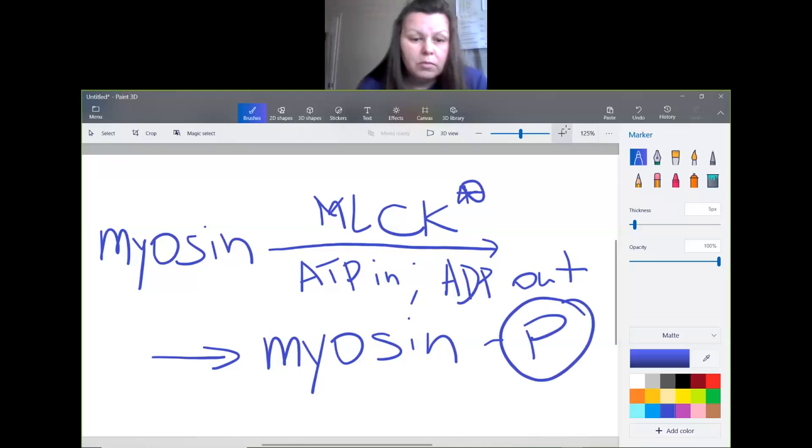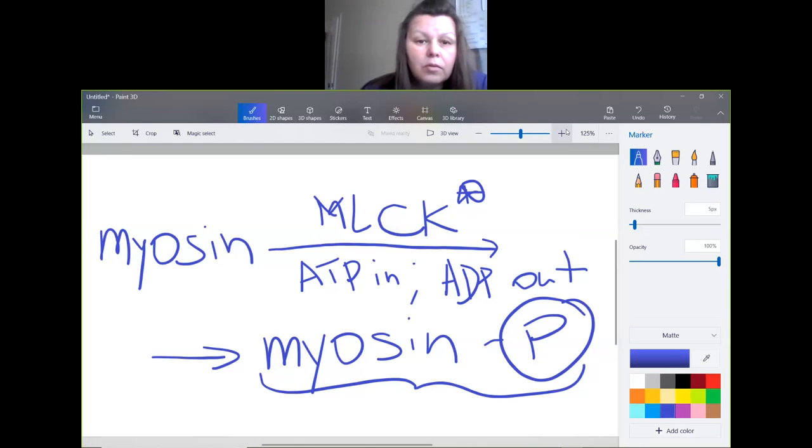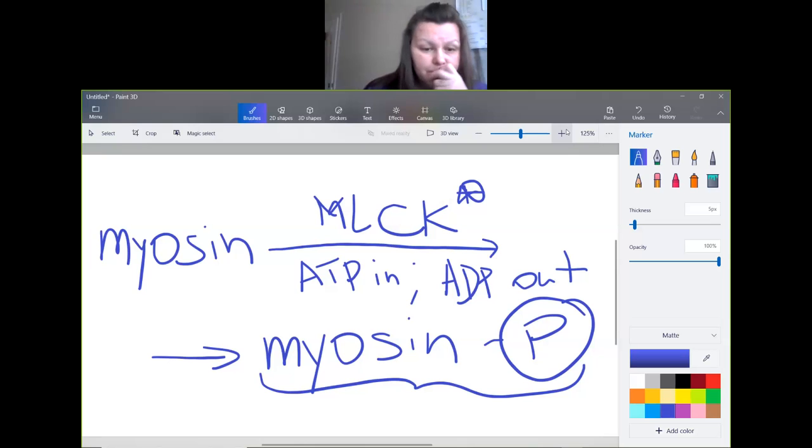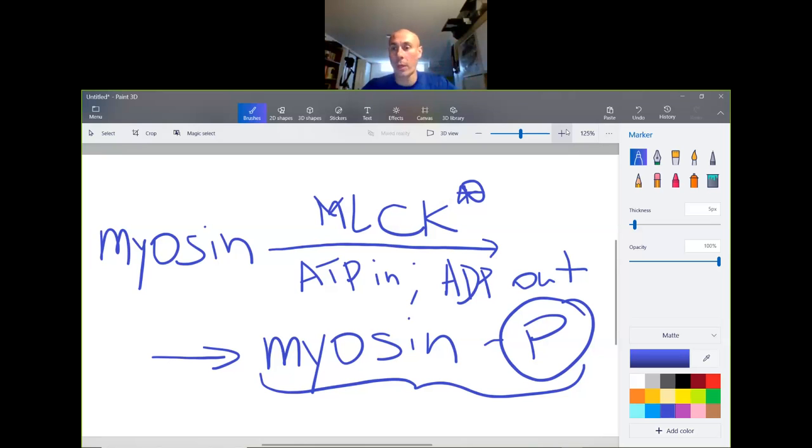This molecule can now bind to the actin, and can start contraction. Makes sense? Now myosin can form cross bridges and do the contraction.